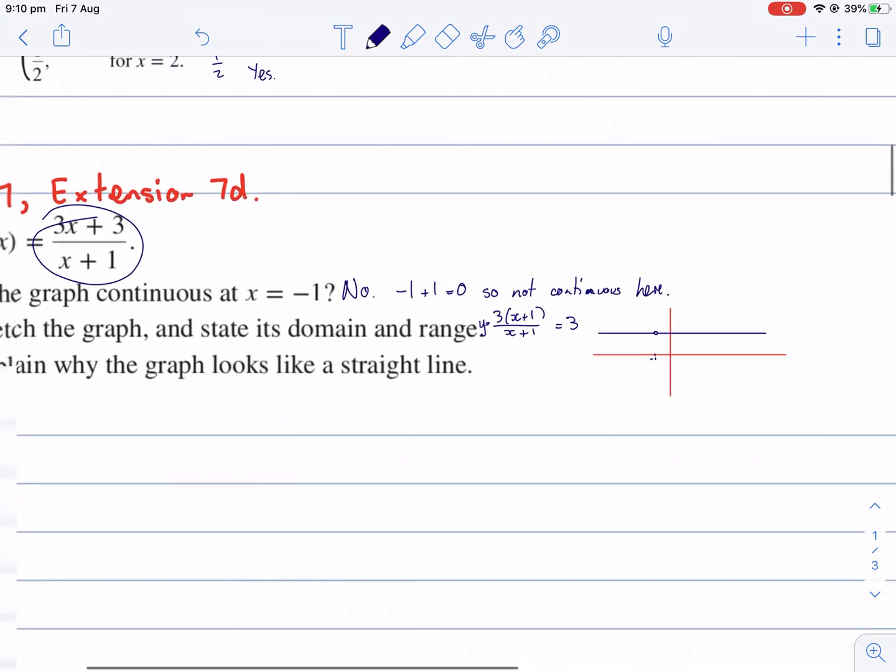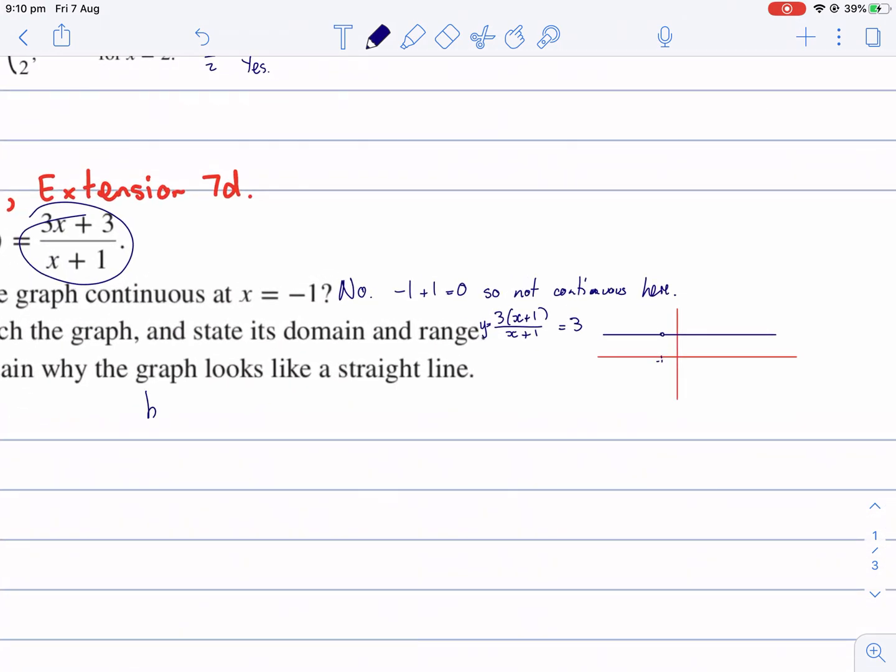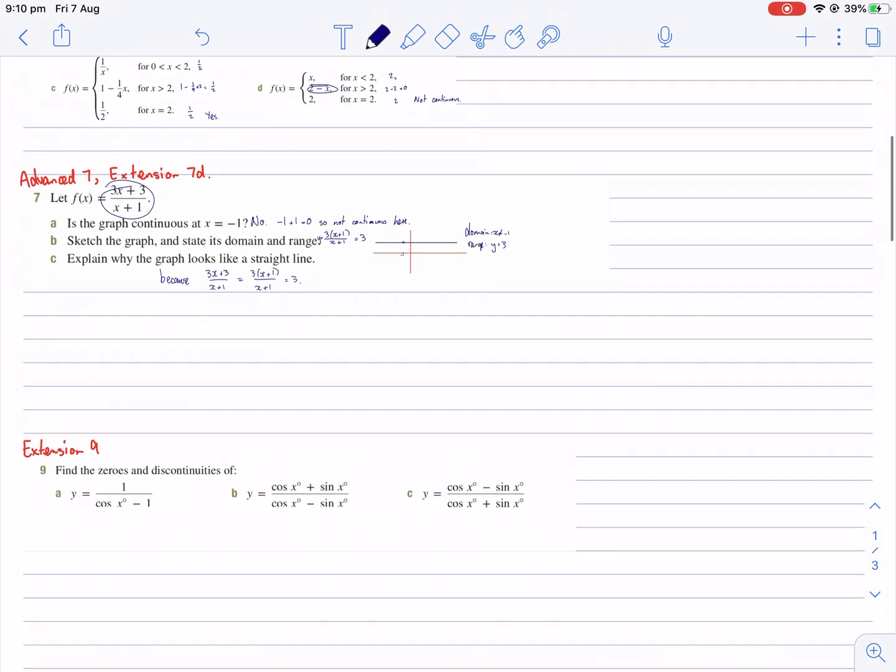So it looks like that. So the domain, x does not equal -1, the range, y equals 3. It's a very boring range, because 3x plus 3 over x plus 1 equals 3 lots of x plus 1 over x plus 1 equals 3. That's why it looks like a straight line.